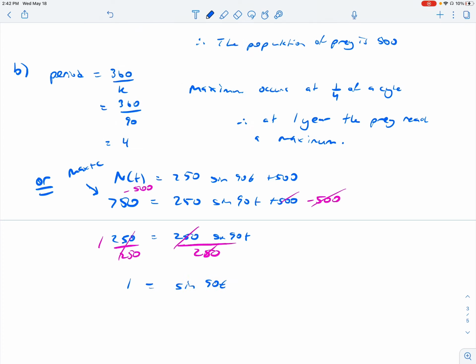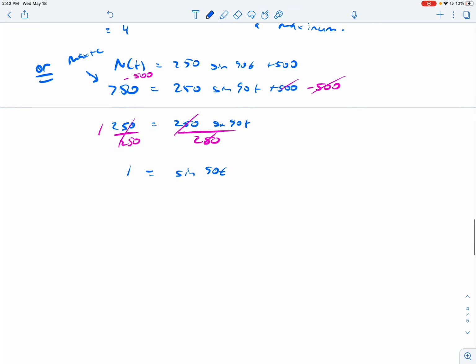Okay, and you might have said, okay, Mr. A, that could have been pretty obvious. So in order to get a maximum, this sine of 90t, remember this always ranges from -1 to 1. To get a maximum, this needs to equal 1, which is what we got here. So you can actually kind of skip some of this stuff and go right to that. Now solving for t. So when does sine equal 1? Well, the angle needs to be 90.